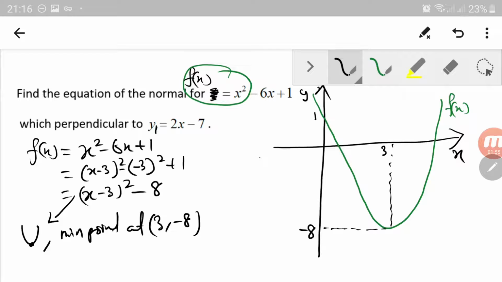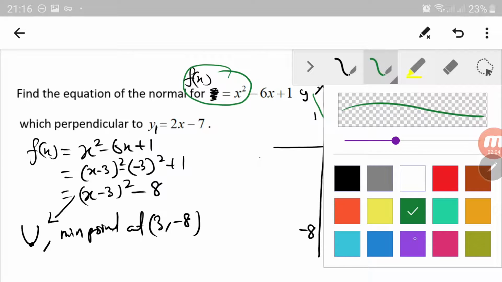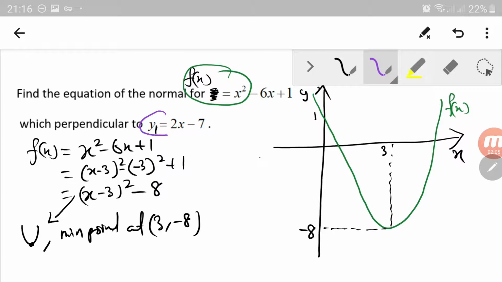Okay, and then y1. Now y1 I use purple. So where is y1? y1 is a straight line going up from left to right, going through minus 7.